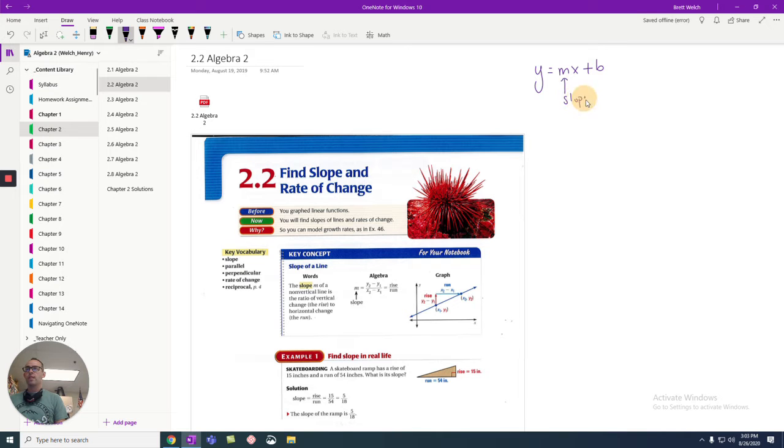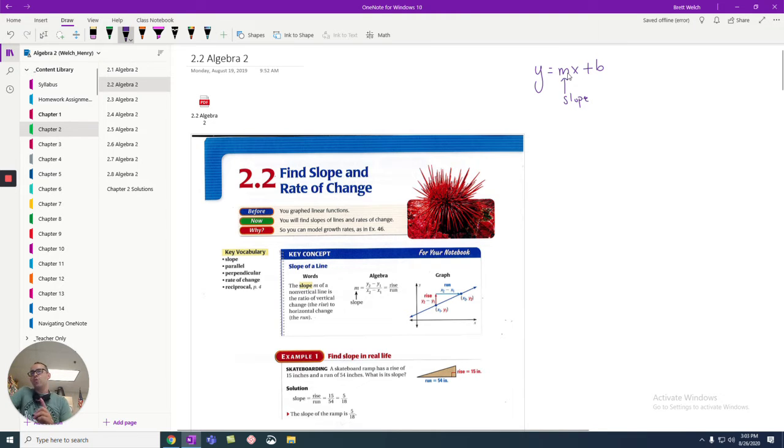Now, one of the questions that I had as a young mathematician, as a student, was why in the heck do we use m for slope? I get a little bit why we don't want the s. It looks a little like a 5. It could be confusing. But m seems like a random letter to use for the idea of slope.